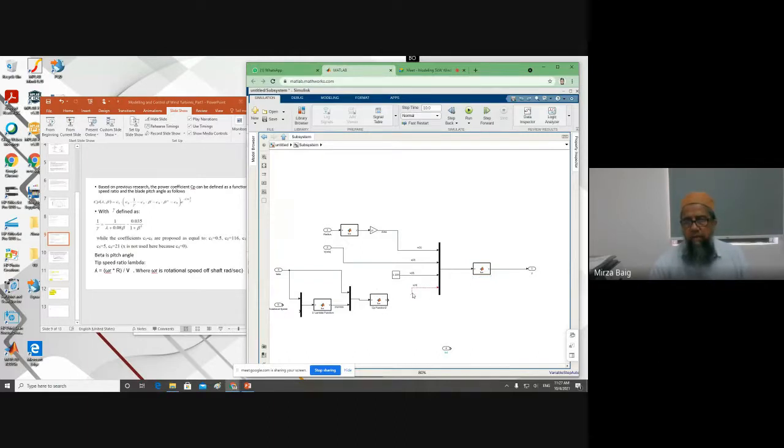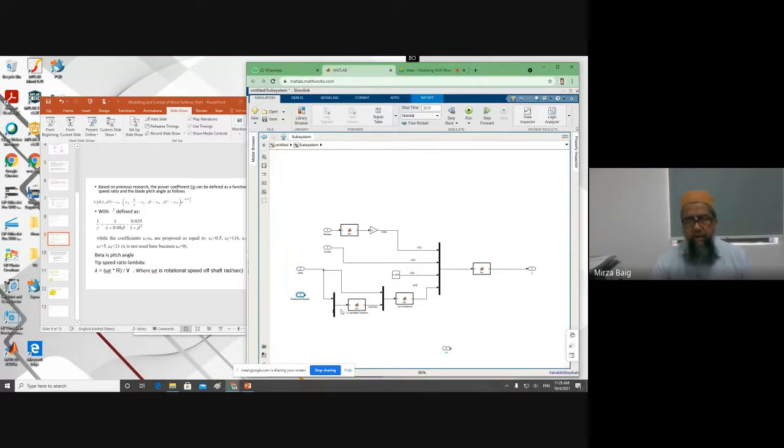Okay, that is Cp. Draw it here. And the rotational speed is here.